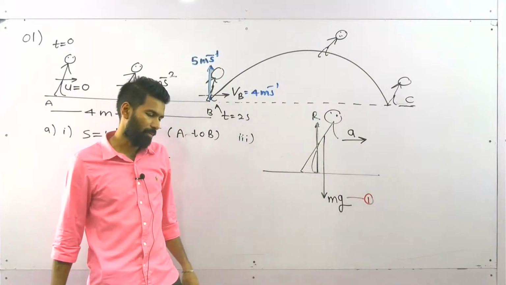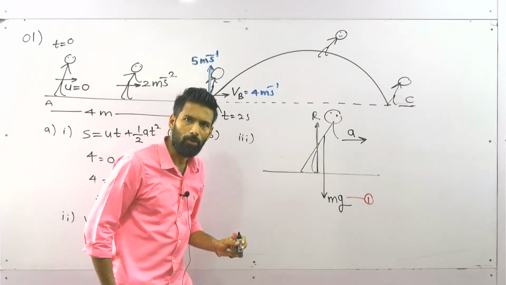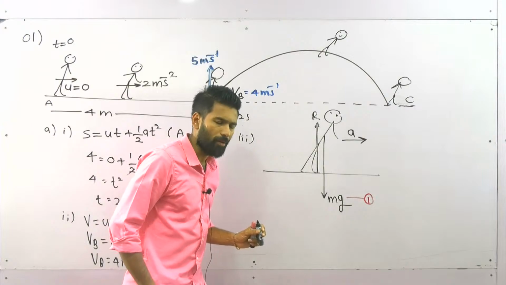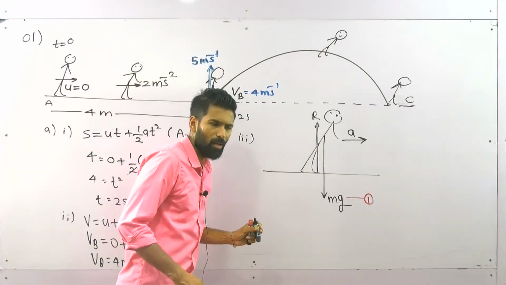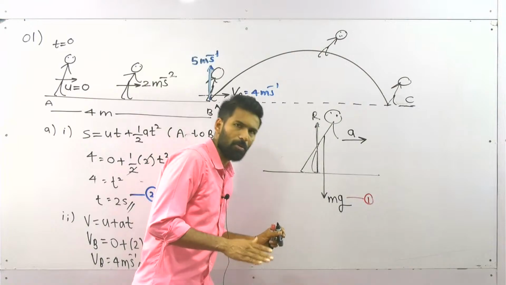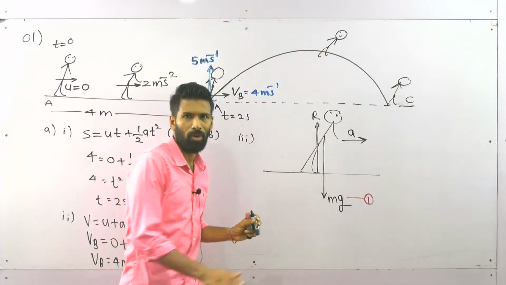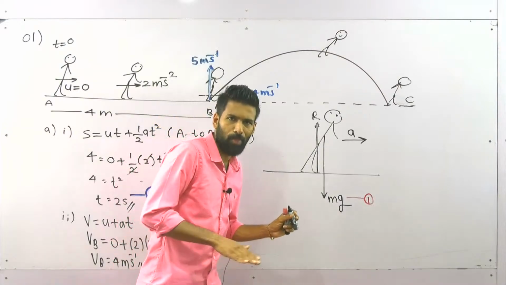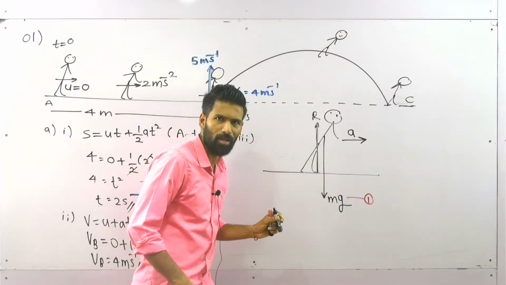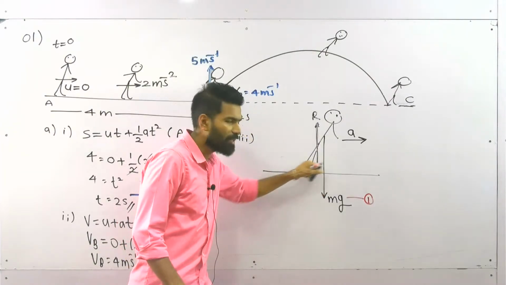This is what happened. When someone is running, what does he do? From the back leg, the person tries to push the leg on the ground in a backward direction.